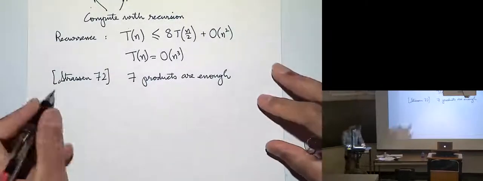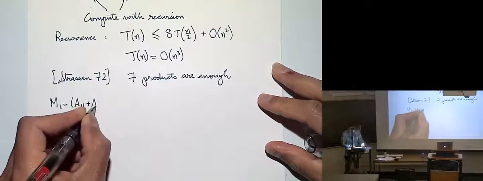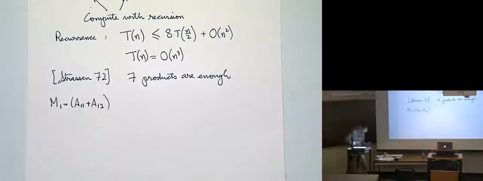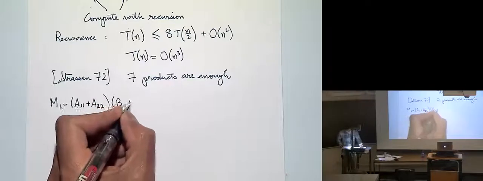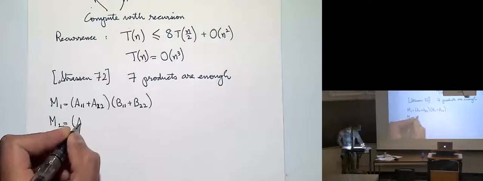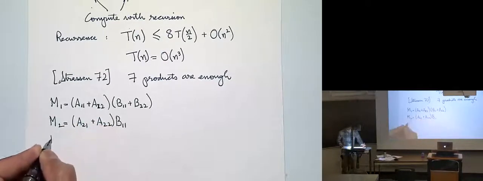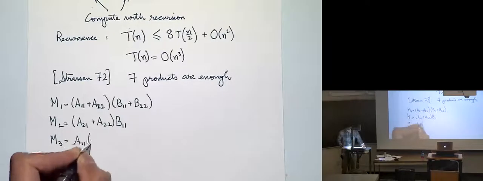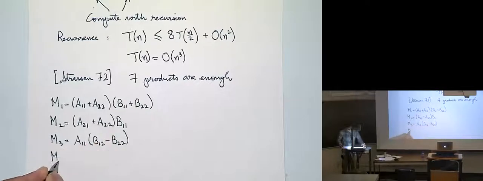So he gave these products M1. Again, it's this strange thing where you add within. Actually, I need my notes for this because I don't remember what these are. A21. How he came up with this I have no idea.